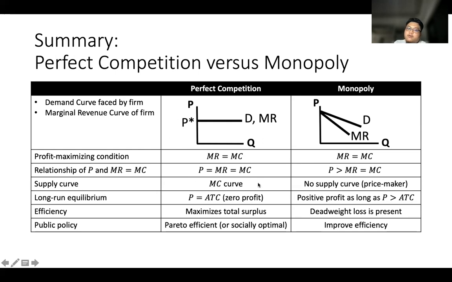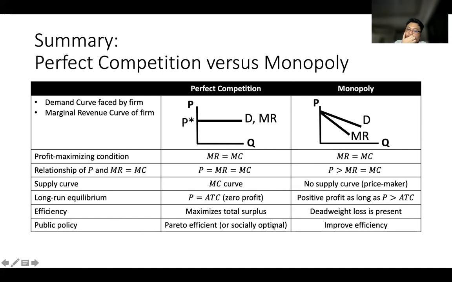The supply curve for perfect competition is the marginal cost curve. For the monopoly, there's no supply curve because, again, monopolists are price makers. In the long run equilibrium, there's zero economic profit, but monopolists can obtain positive profits as long as price is greater than average total cost.